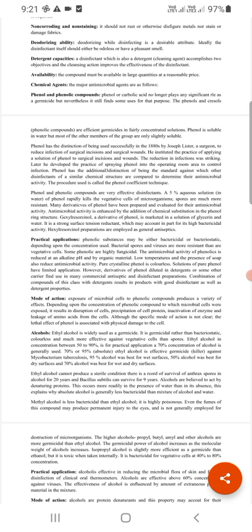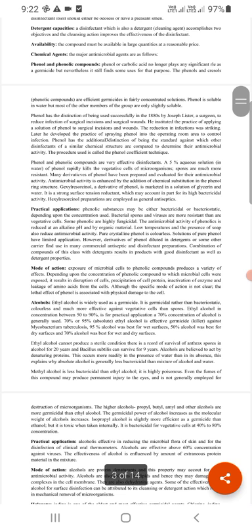But phenol has an additional distinction of being the standard against which other disinfectants of similar chemical structure are compared to determine their antimicrobial activity. Phenol can be used as a standard for determining the disinfectant capacity of an unknown chemical; that is called the phenol coefficient technique.